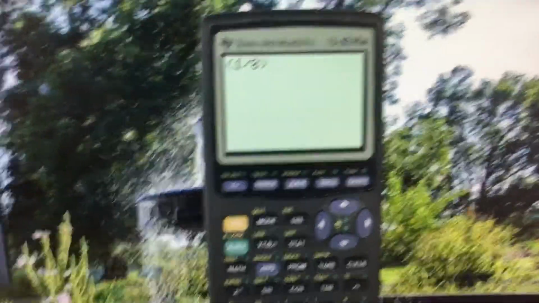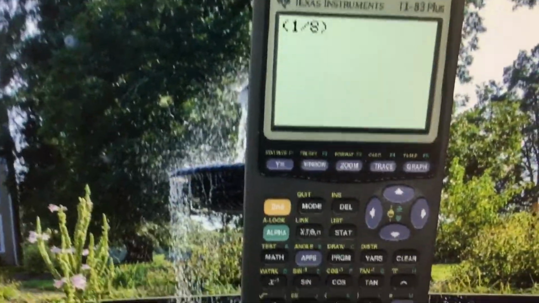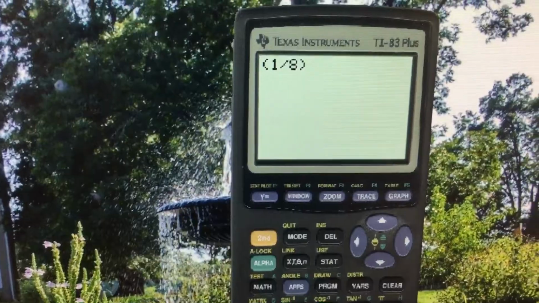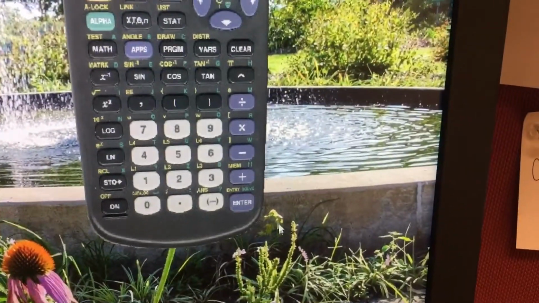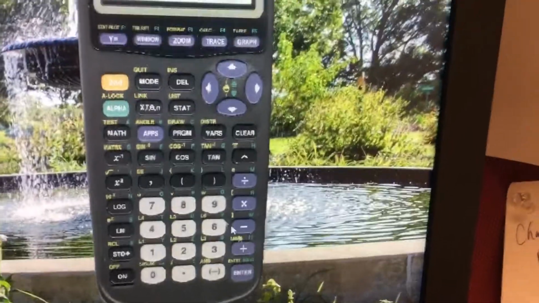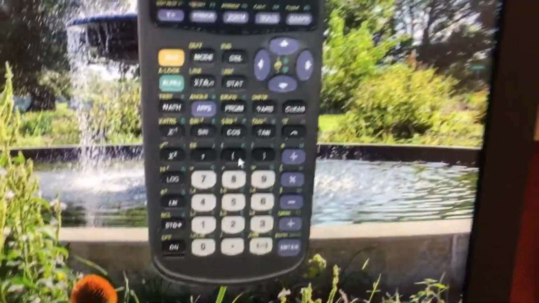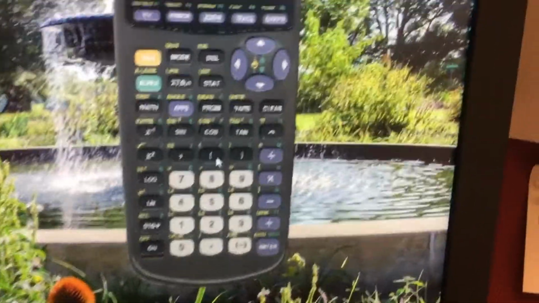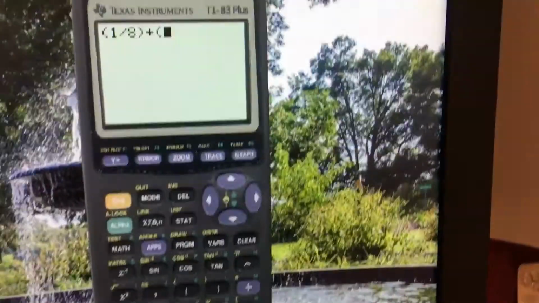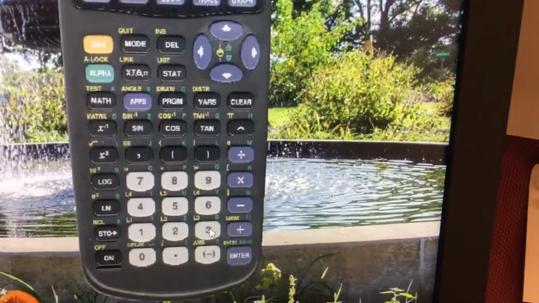Then our problem said to add 3 over 8. I know this is a basic problem, but if you can do this, you should be able to do any of the fractions. So that's why I'm showing you this. Plus 3 over 8, and notice I'm putting it in parentheses.